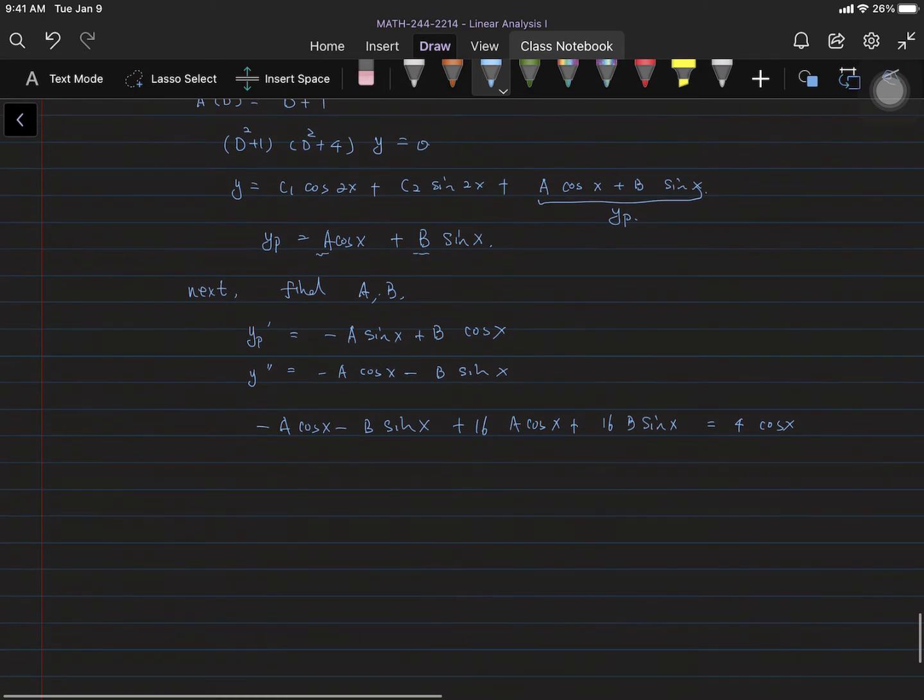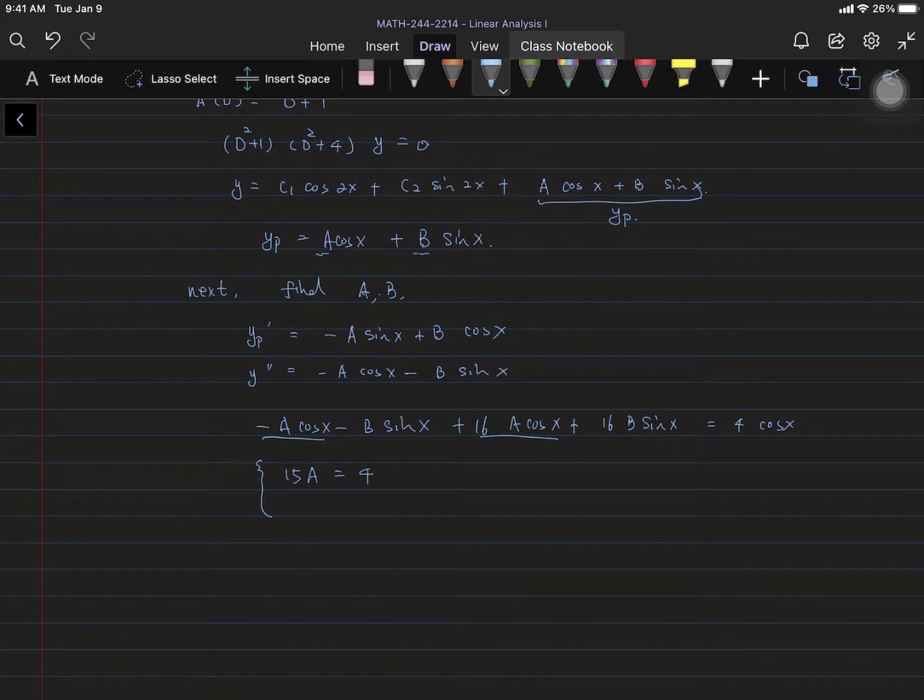And then we find two equations with A and B. So if we look at the cosine term, so should be 15A cosine, right? If we just look at the coefficient for the cosine, 15A equals 4.